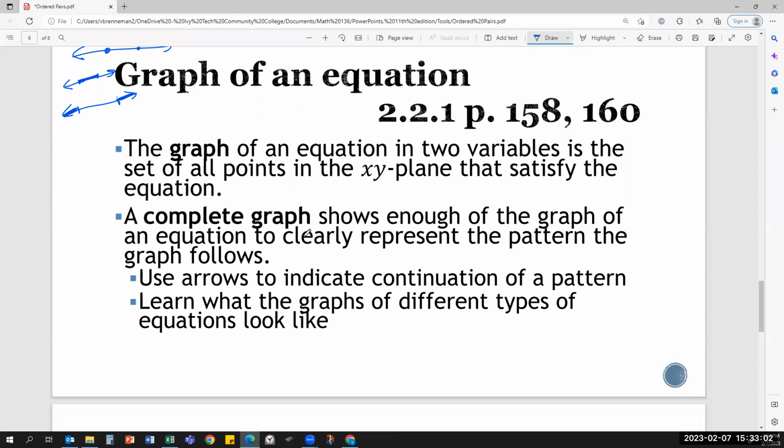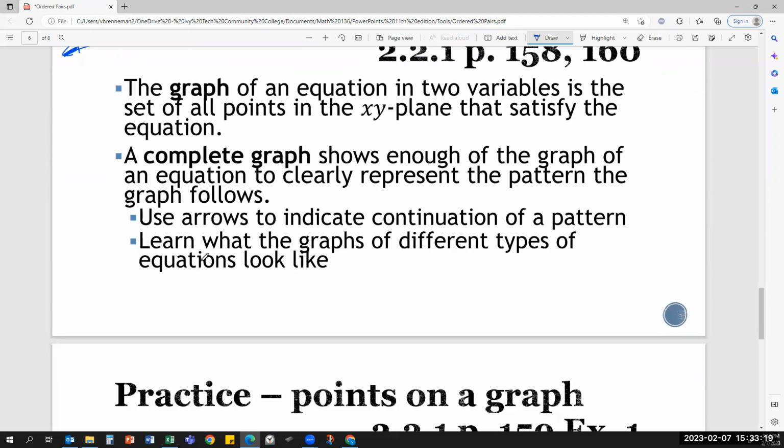So we don't plot all the individual points. We plot enough points to see the pattern and to know what the graph is doing, and then we can just draw the line. It might be a straight line or a curve, that is showing that pattern. So what happens is you start to learn with specific types of equations what that graph is going to look like. This type of equation is always going to have a straight line.